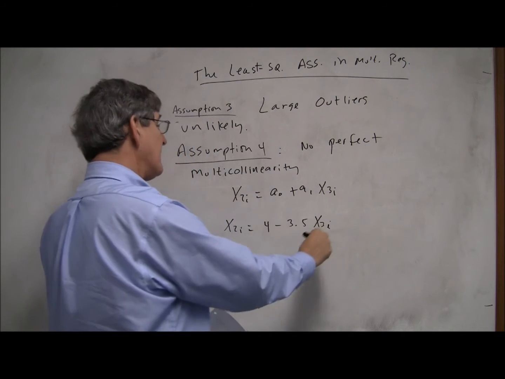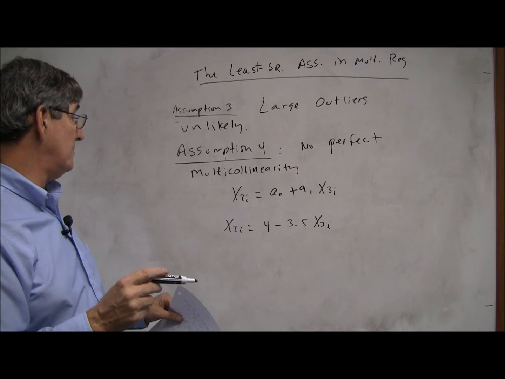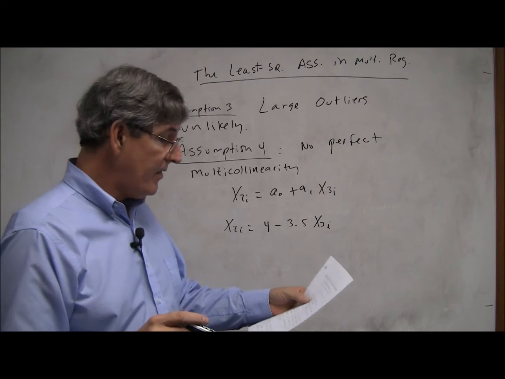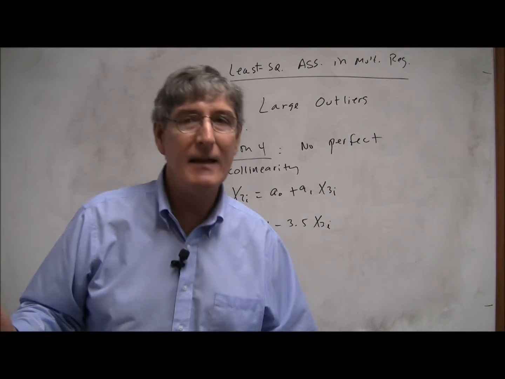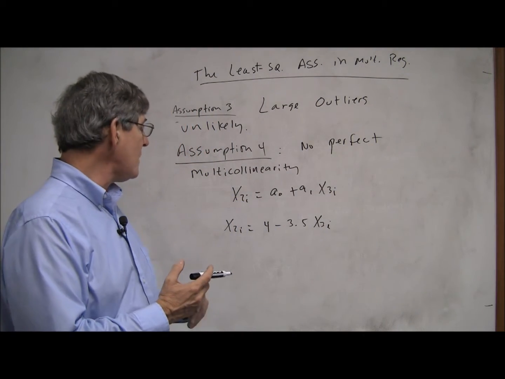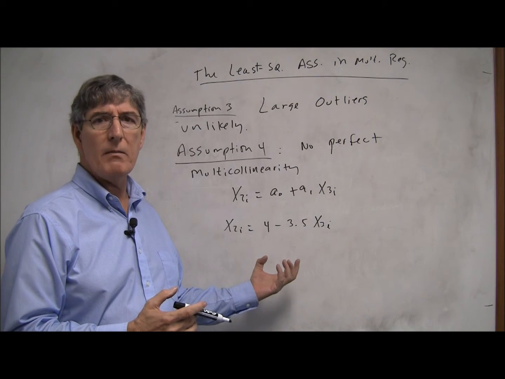If there's an exact relationship among variables like this, then if I have both the variables in the model, you can't even estimate it. Your estimators will fail. What will happen technically is you'll end up with a divide by zero problem.